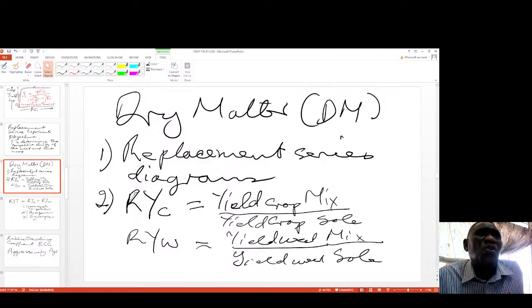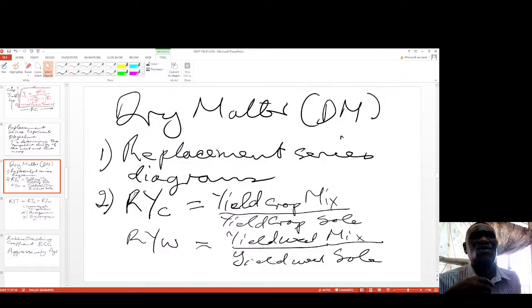So if we want to assess the replacement series experiment, we are going to use the dry matter to draw replacement series diagrams. They will give us information on the competitive ability of the two plants.